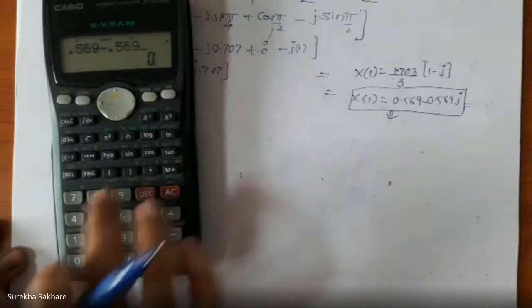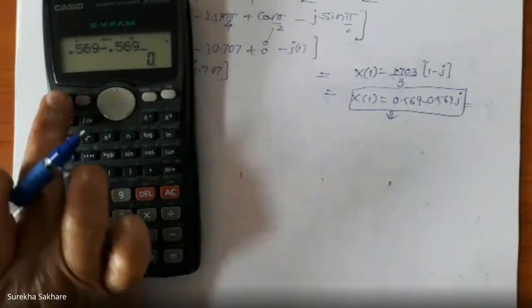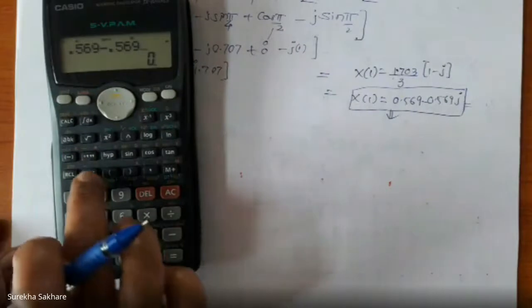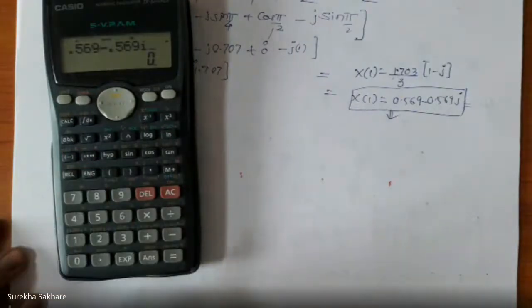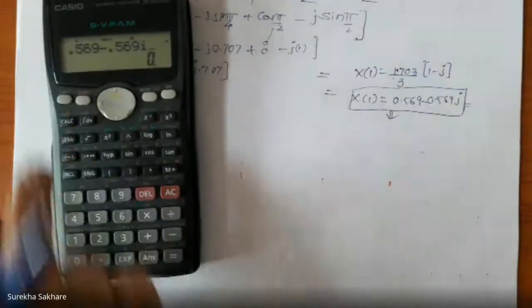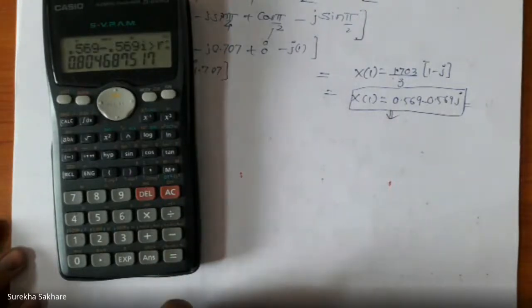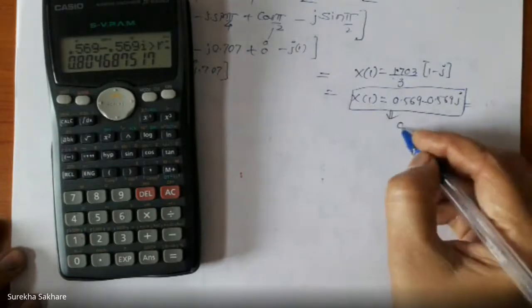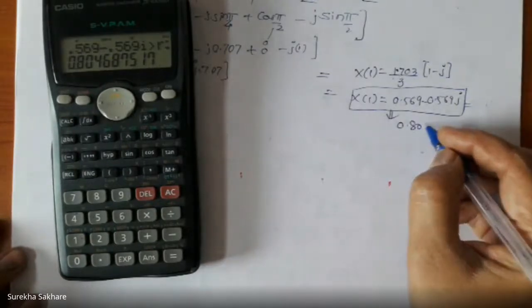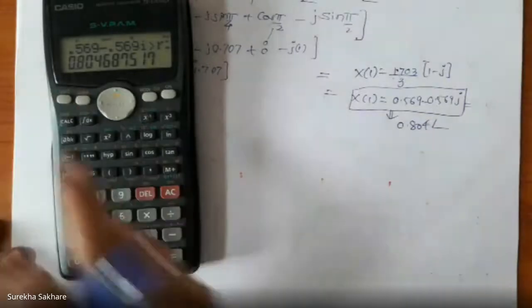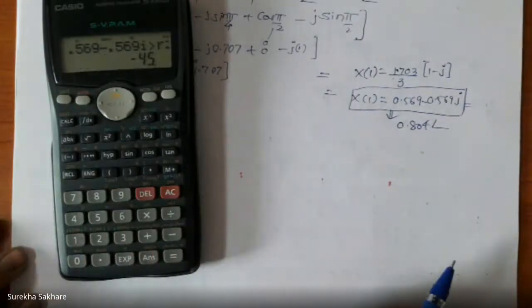I want the polar, so I want to use this function. It's giving me 0.804, and the angle again is minus 45 degrees.